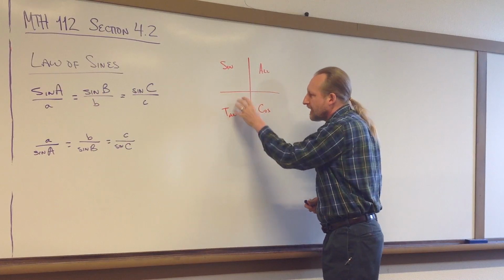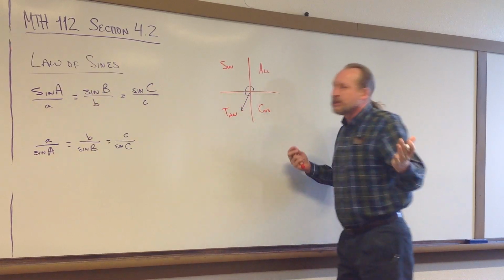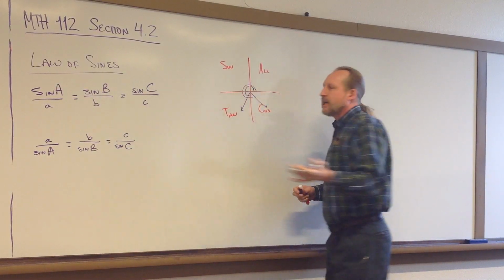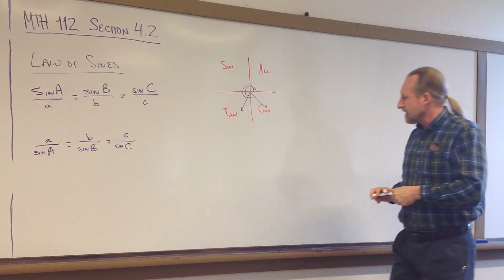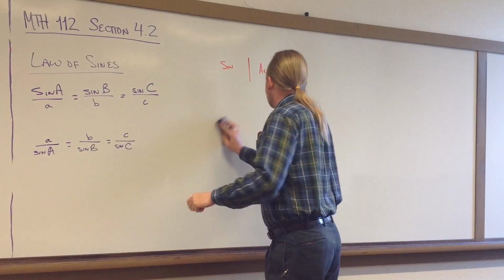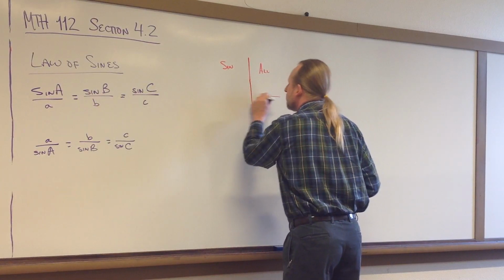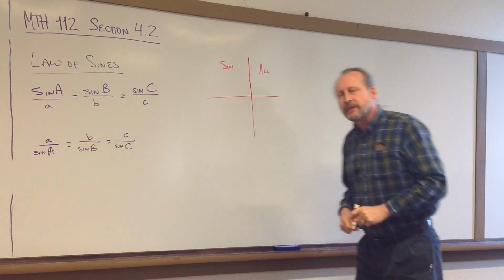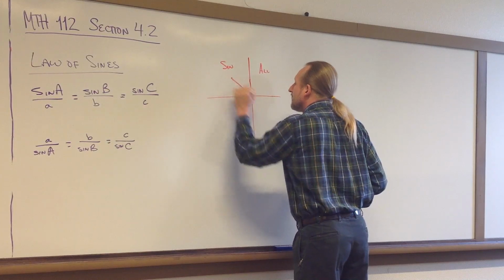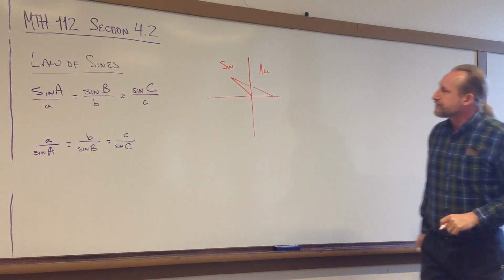Any angle that's down here is going to be more than 180 degrees, and the same thing for the fourth quadrant. But a second quadrant angle can appear in a triangle because it's less than 180 degrees. It's going to be an obtuse angle, but we can still make a triangle out of it.